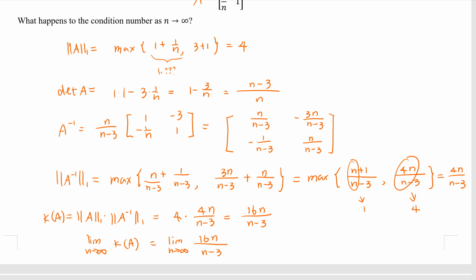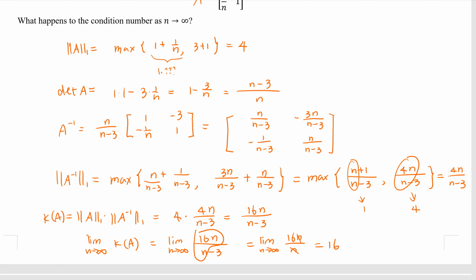We have polynomials, rational functions. Then we look at the dominant terms. So this is the same as the limit of 16n over n, right? And cancel. So the answer is 16.